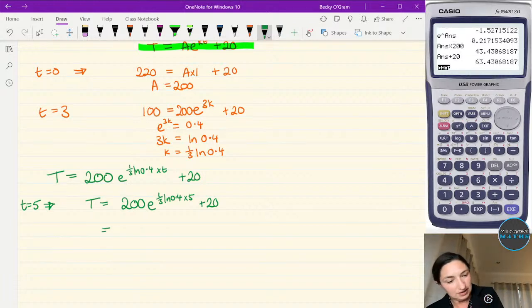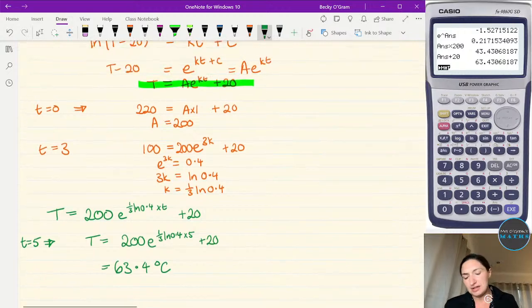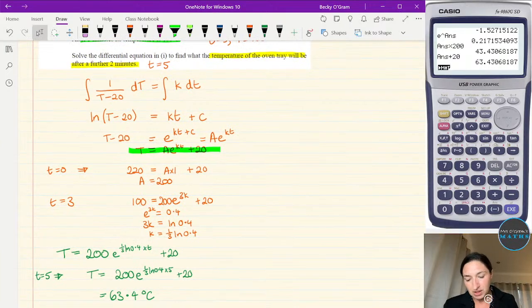And we get T is equal to 63.4 degrees C. Units weren't entirely necessary for the end there, but you have them in the question, you may as well give them.